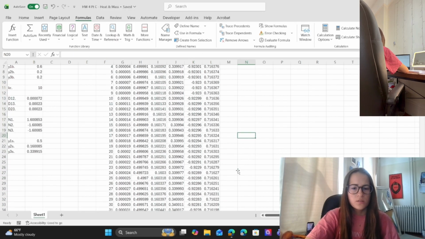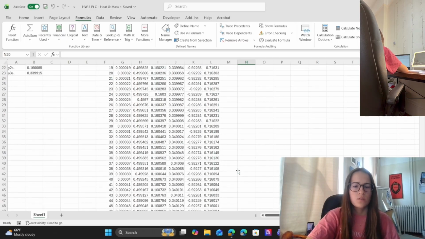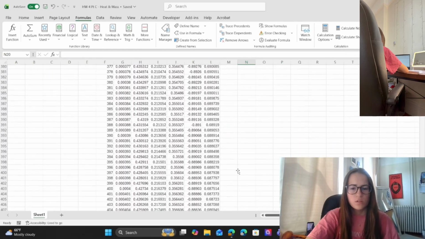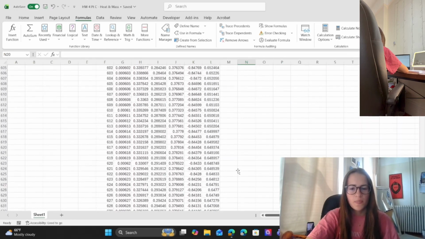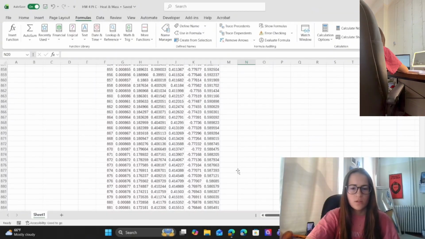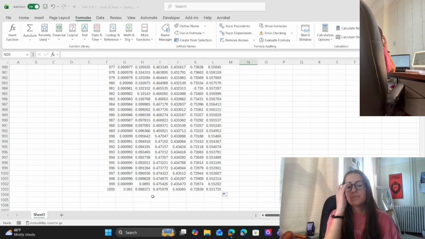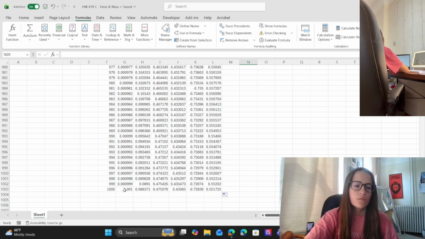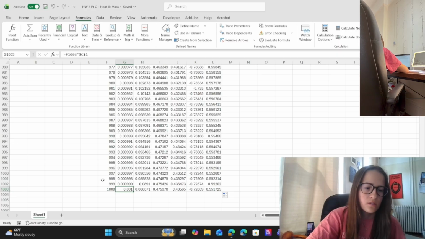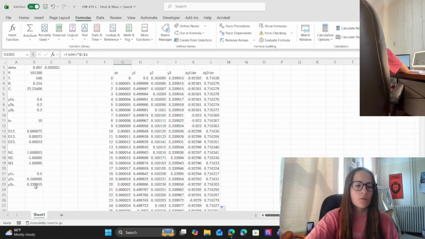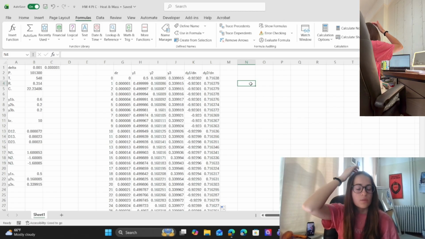Okay, so we can see how these are slowly beginning to change as we go down here, right? So it's continuing to change as we get up to the bulk phase, but we can recall that, what is this, 1003? Similar to what we did last time, we can recall that we know what the bulk phase compositions are, or what they're supposed to be.